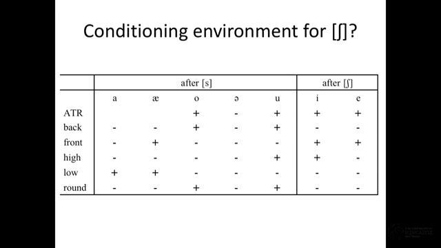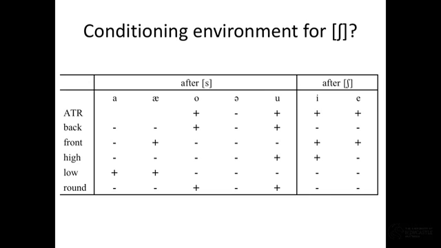We arrange the feature chart with the vowels occurring after s together and after sh together. We can then compare the features and see if we can establish a conditioning environment. In this case, it is not totally straightforward. If it was, we would be able to see one row that contrasts completely for s and sh. In other words, a row that has all minus for one sound and all plus for the other.